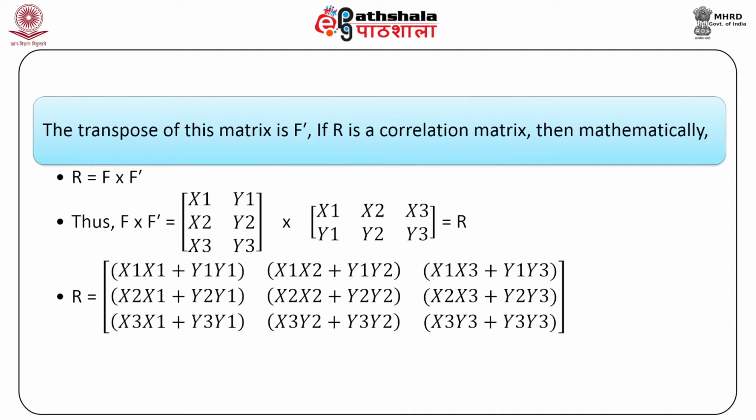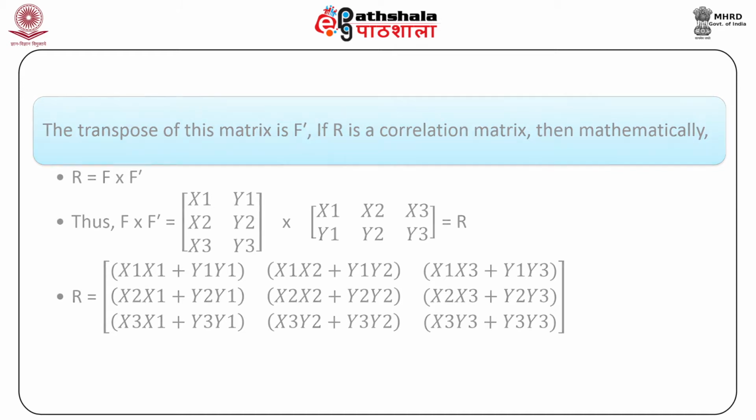Column 3 is x1, x3 plus y1, y3, x2, x3 plus y2, y3 and x3, y3 plus y3, y3.